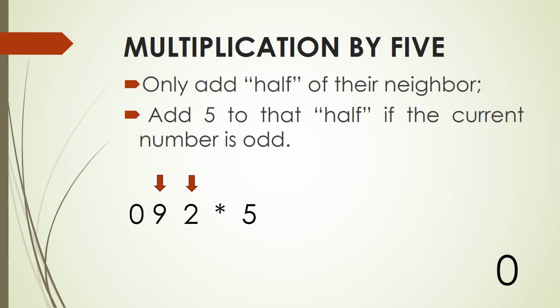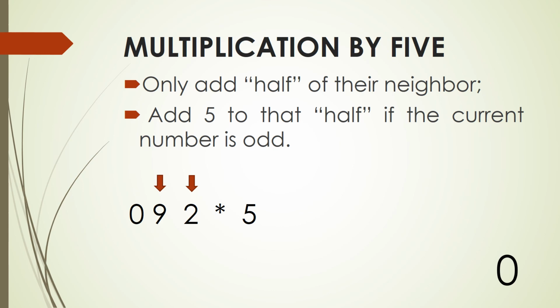The next one, we see that now the current number that we have is an odd number, so to the half of the neighbor, which is 1, we need to add the number 5. So it's going to be 1 plus 5, total is 6.